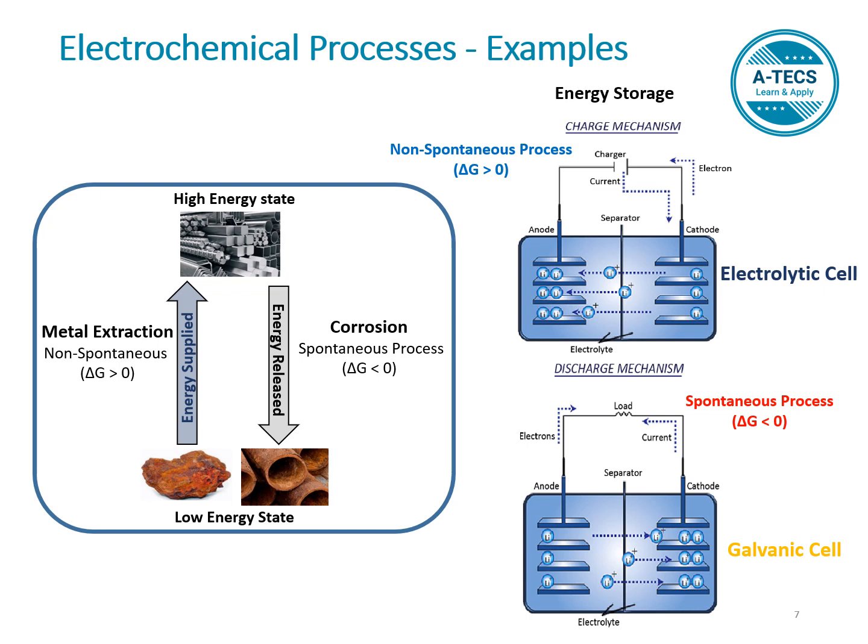During the process of metal extraction, we convert the mineral, which is sitting at its lowest energy state, and promote it to convert into metallic form, which is its high energy state.